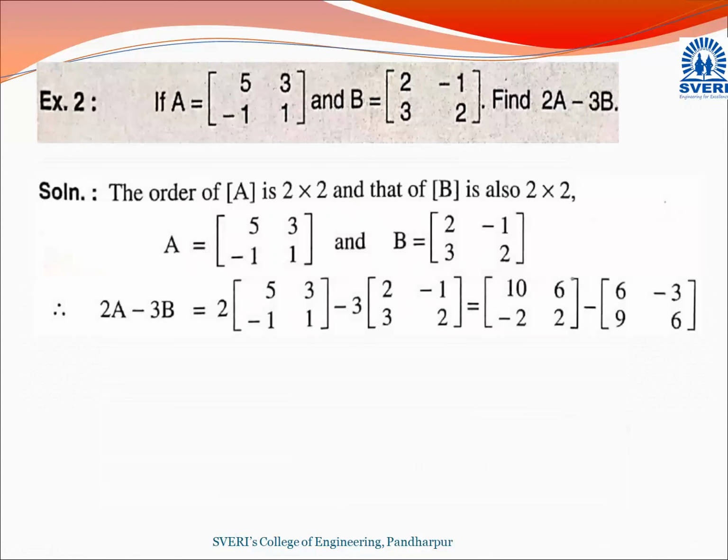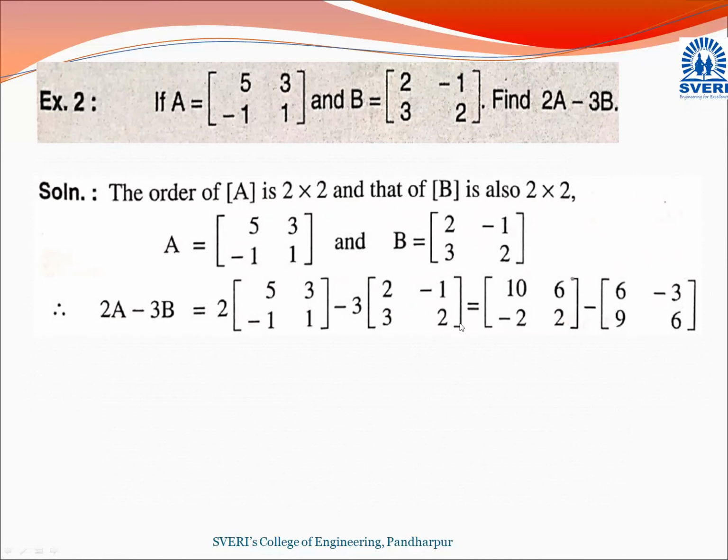Next example. If we have A is equal to 5, 3, minus 1, 1 and B is equal to 2, minus 1, 3, 2, then we have to find 2A minus 3B. So multiplying A with 2 and matrix B with 3. First we multiply 2 into 5, 3, minus 1, 1, minus 3 into 2, minus 1, 3, 2.